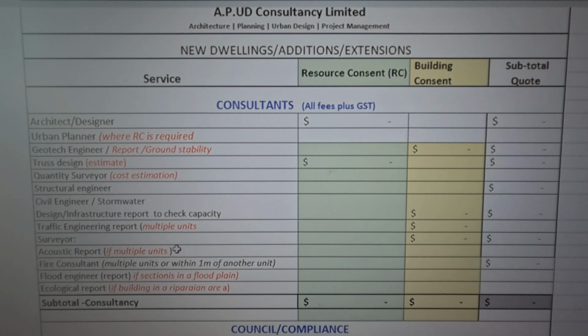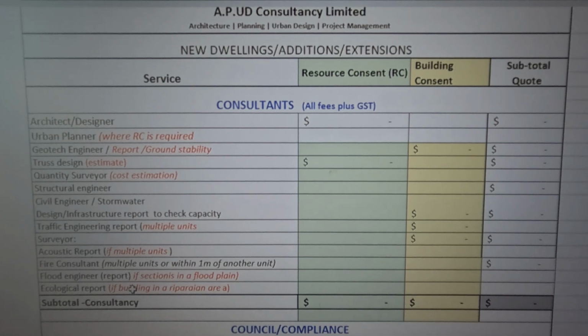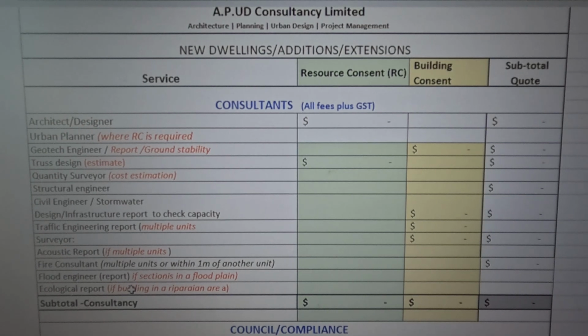it's the construction begins. Now, with all these consultants, let me see how many. 1, 2, 3, 4, 5, 6, 7, 8, 9, 10, 11, 12, 13. Assuming you're building 10 units, for instance, in a riparian area and in a flood zone, that is the project that I would say will require all these 13 consultants to come on board.